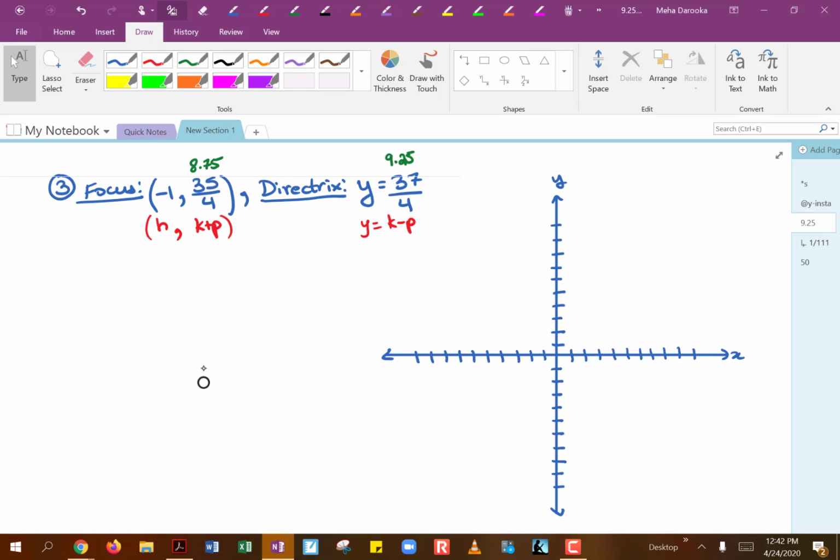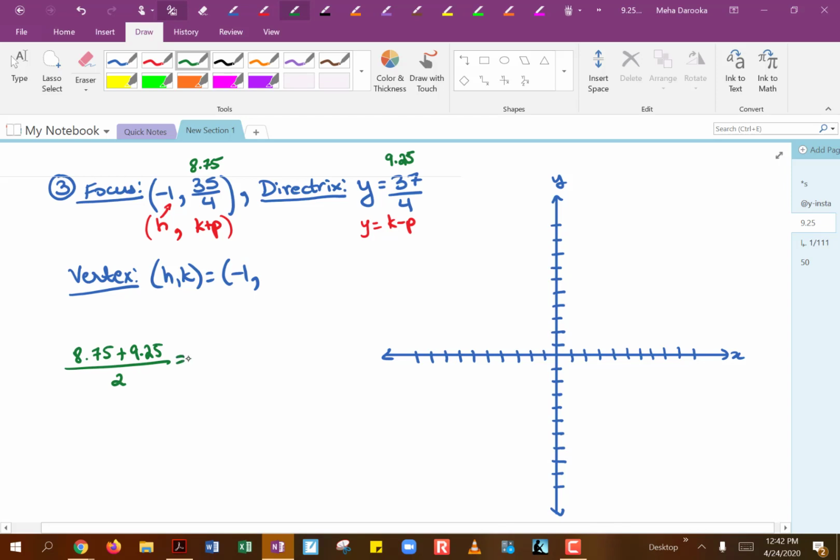So if you think about this, halfway between 8.75 and 9.25, we should have our y coordinate for the vertex. Because remember, the vertex is at h, k. Your h value, of course, is -1, and we just have to figure out where k is. So if you take 8.75, add it with 9.25, and then divide by 2, that will give us 18 divided by 2, which gives you 9, and that's going to be our k value.